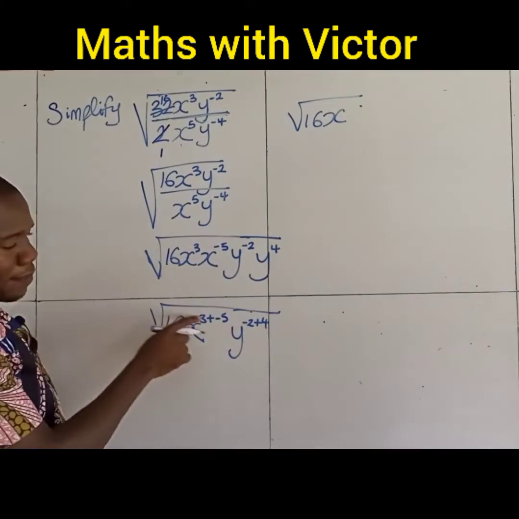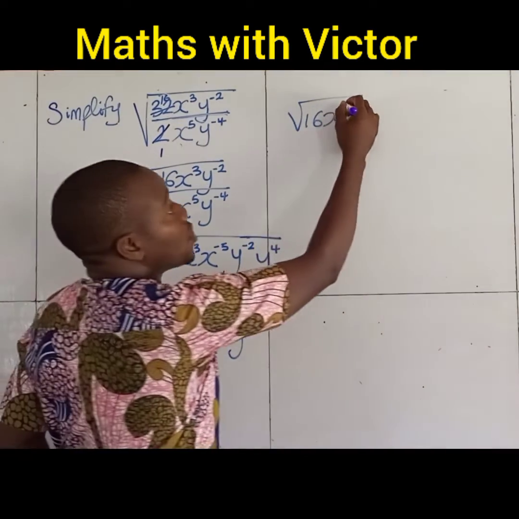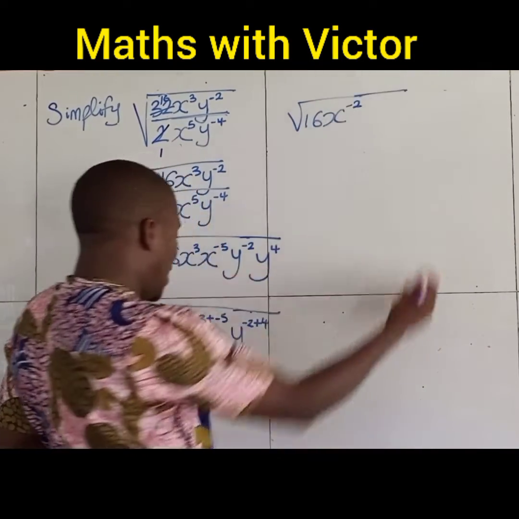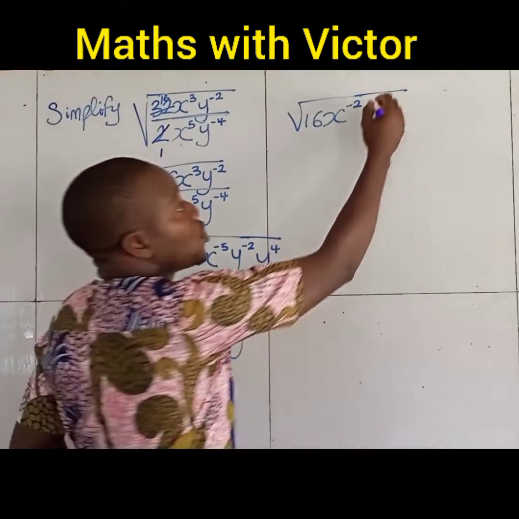Plus minus is minus, so 3 minus 5 is minus 2. And y to the power of minus 2 plus 4 is 2.